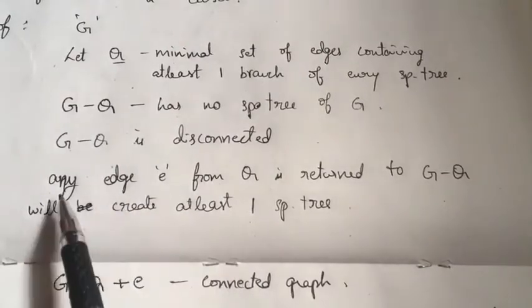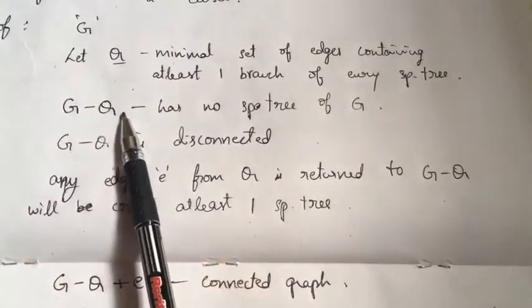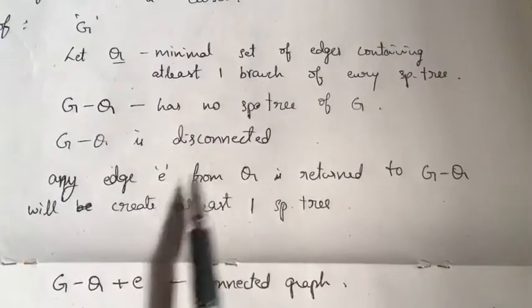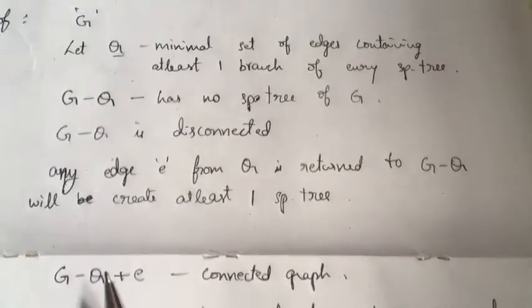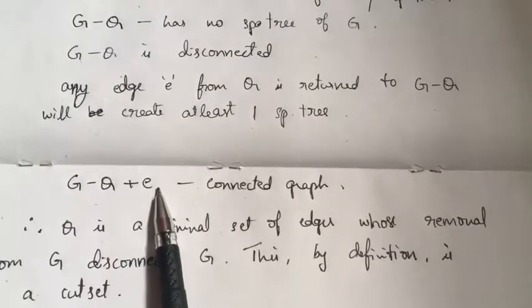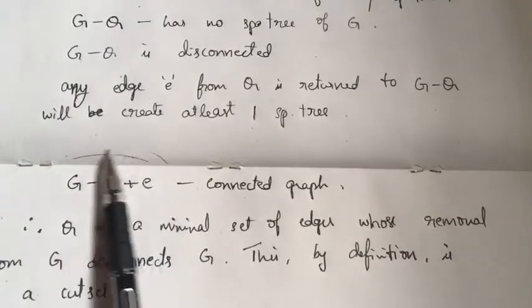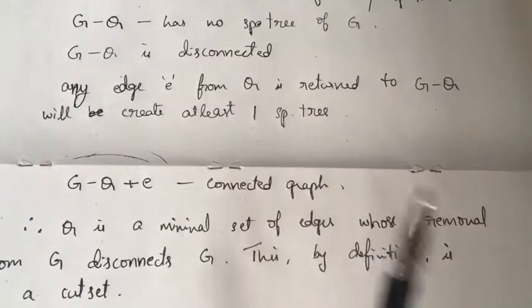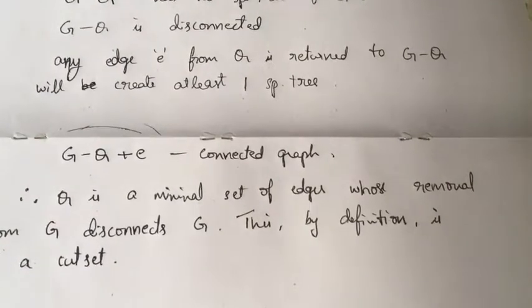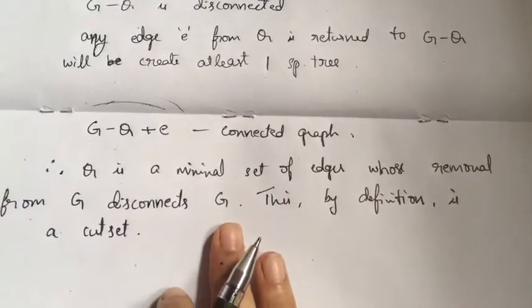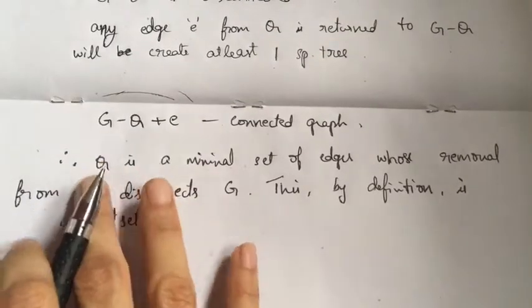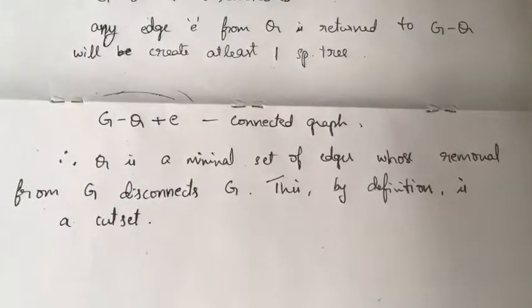So I am taking any edge from Q, that is E. I am adding that edge to G minus Q, so that G minus Q plus E will be a connected graph. Therefore, I can say Q is a minimal set of edges whose removal from G will disconnect G. Therefore, by the definition of cut set, this Q is nothing but a cut set.